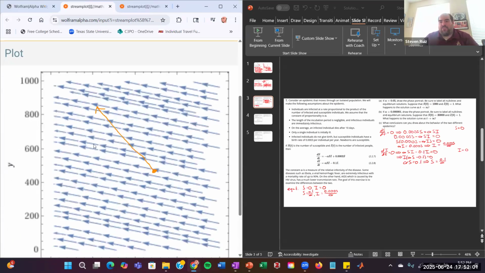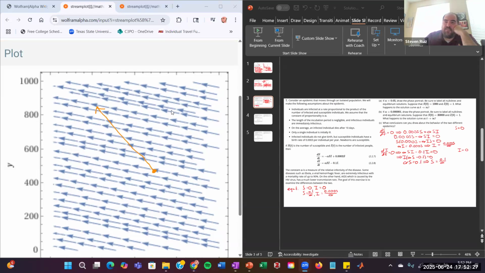Yeah, it looks like that behavior is roughly linear. Does that fit with our differential equation? It seems like it should. So in this case, with this relatively high infection rate, 5% of interactions between people is going to end in infection. Basically everyone's going to get sick.